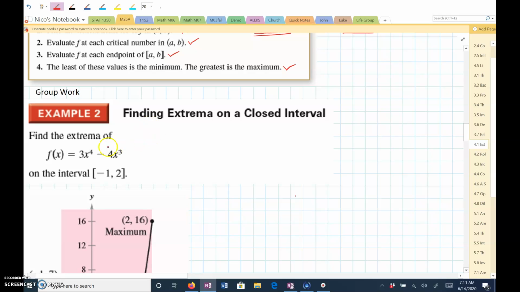First thing we're going to do, look at this example. Find the extrema on a closed interval. We have the function f of x equals 3x to the fourth minus 4x cubed on the closed interval from -1 to 2. First, we're going to find the critical numbers.